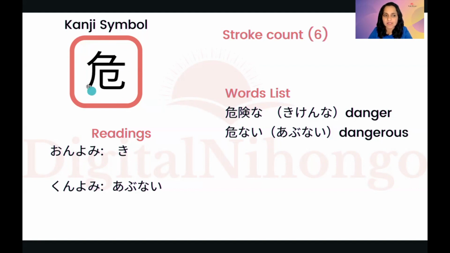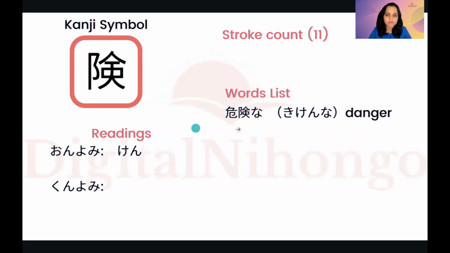You can definitely see those bottles. Some sprays which are used for children, there also you can see that it is dangerous. Please be safe while using this product. So, kiken or abunai. Or some construction work is going on and there is a risk of people getting some injuries or hurt, then there will be a board, kiken.